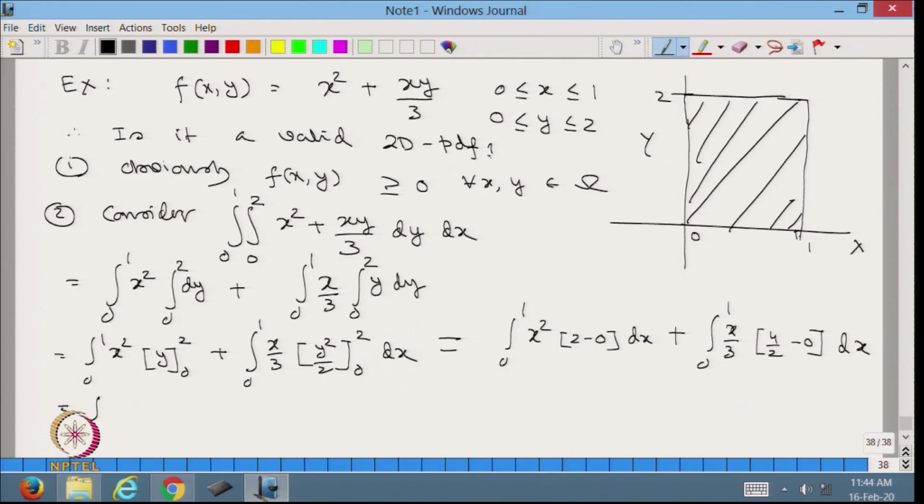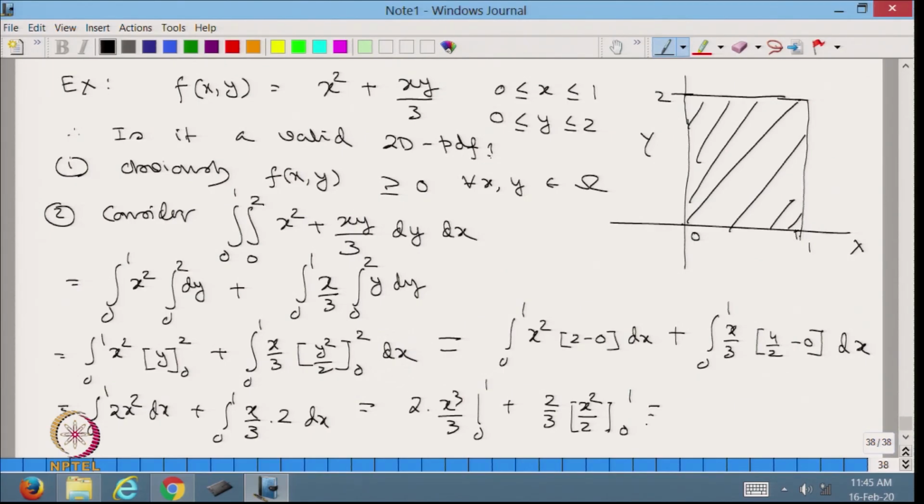This is equal to integration 0 to 1 2x square dx plus integration 0 to 1 x by 3 into 2 dx, which is 2 into x cube by 3 from 0 to 1 plus 2 by 3 into x square by 2 from 0 to 1, equal to 2 by 3 plus 1 by 3, which is equal to 1.